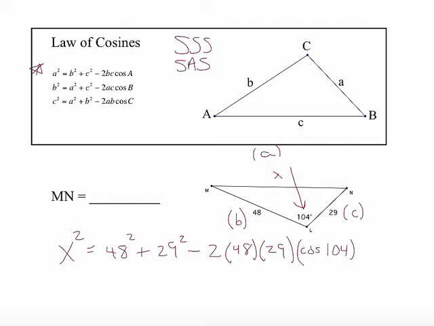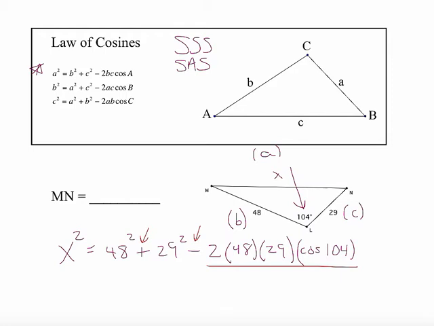Now the tricky part, and the part that I need you to be very aware of, is everything from the 2 on is one number. 2 times 48 times 29 times the cosine of 104. All of that multiplying should happen before the subtraction and the addition.